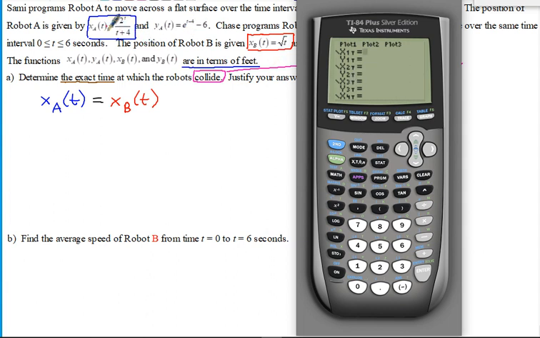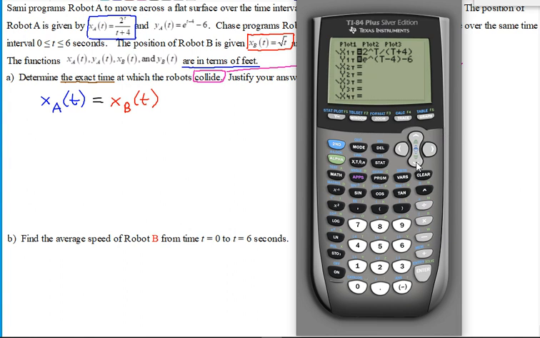So x sub A for robot A would be 2. Now when you hit the XT theta n button in parametric mode, it's going to put it as t. And then divided by, and then parentheses, because we've got 2 terms on the denominator, t plus 4, close parentheses. And the y-coordinate would be e, it already puts the open parentheses for you, t minus 4, close parentheses, and then minus 6.